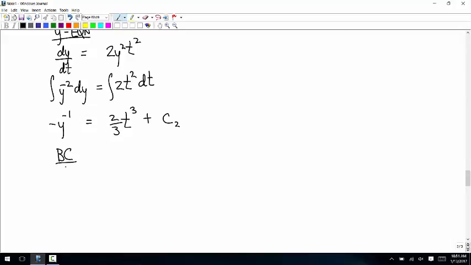The boundary condition says that when time is equal to 0, y is equal to 5. So we have negative 5 to the minus 1 equal to 2/3 0 cubed plus c2.